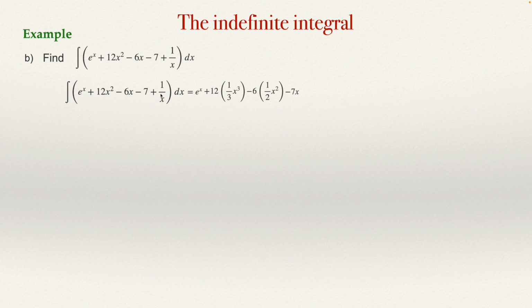So what you can do is just look for the rules for integration, and you notice that there will be a rule for 1 over x dx, and this is the natural logarithm of the absolute value of x. So the integral of 1 over x is the natural logarithm of the absolute value of x.